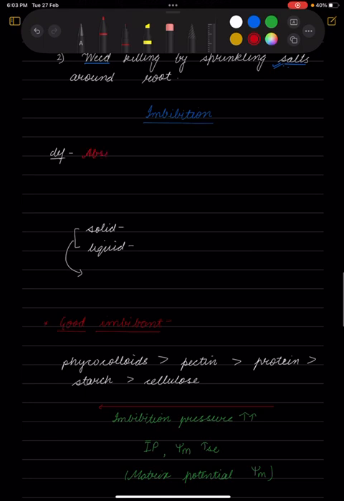So it is absorption of water, that is imbibate, by hydrophilic, water-loving solid substance, that is imbibant, without forming a solution.